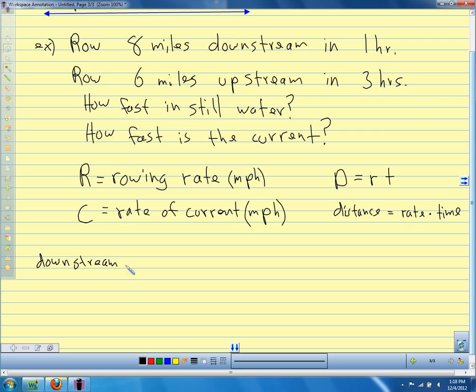What is the person's total rate going downstream? If he can row at R miles per hour and the current's going C miles per hour, what's his rate going downstream? Well, his rate is 8 miles per hour, but in terms of our variables, what's his rate going to be? If I can row at 2 miles an hour and the current's 1 mile an hour, how fast can I go?